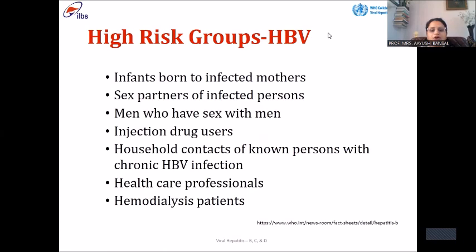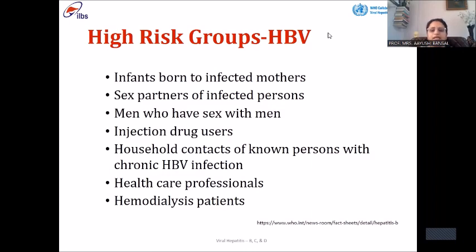Sex partners of infected persons, men who have sex with men, injection drug users, household contacts of a known person with chronic hepatitis B infection. So the screening must be done for all the family members, healthcare professionals who deal day-to-day with hepatitis B virus patients, and hemodialysis patients who come to hospital for dialysis regularly.